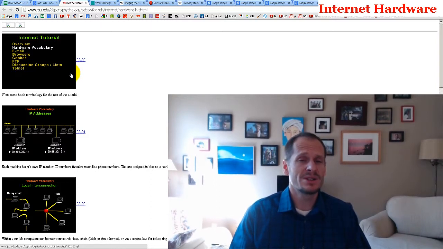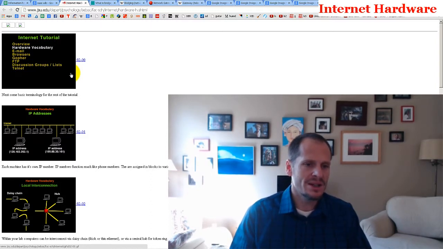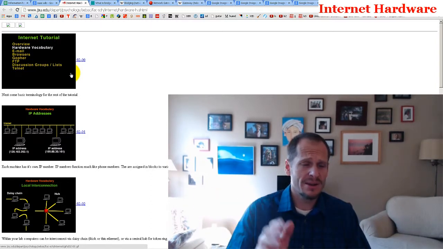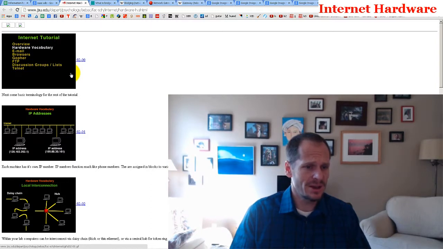Those are some of the components also used to make up the internet. We already saw what routers do: they route traffic around on the internet. Here's a couple of slides that I found online, which I think are interesting to look at.